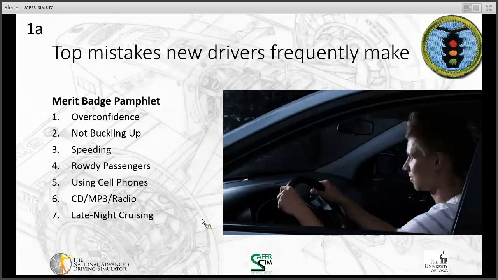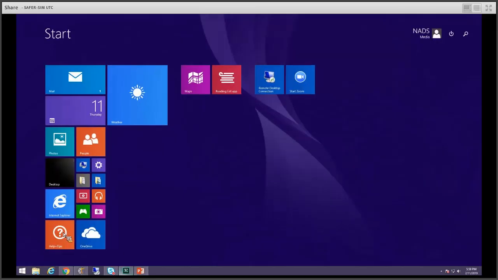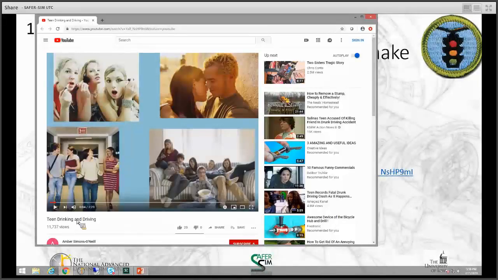And drinking and driving. Oh, I'm expecting that to be higher. Well, they're not ranked in terms of importance. They're ranked in terms of how they occur.